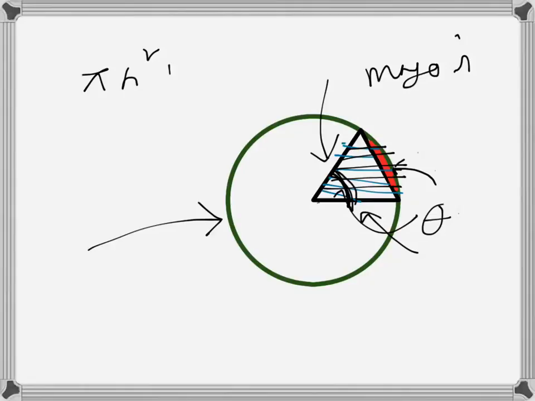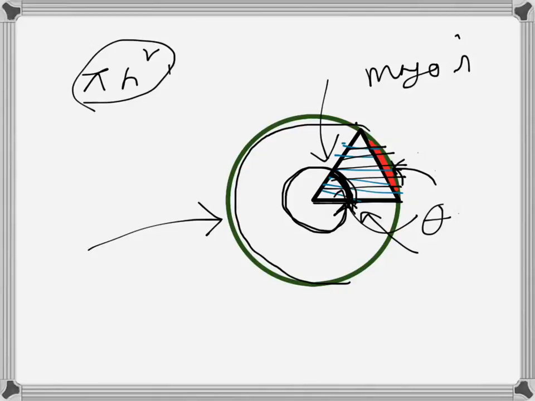But when we say the area of the full circle, basically what happens is, if this angle were to rotate like the full circle, then we would get the full area of the circle. So if it had rotated for 2 pi, the sector would be the whole circle.